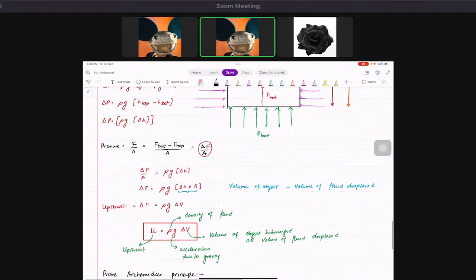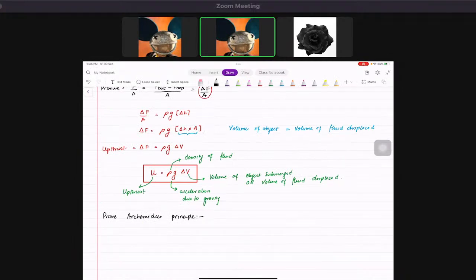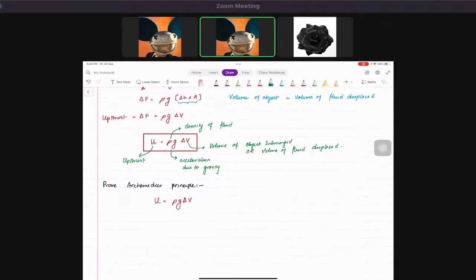And if it is the weight of the fluid that was displaced, how so? Because if you just write the equation again, delta V, my bad. You might realize that I can write it as rho times delta V together, times g. Can I do that? Now check this out. Density would be mass of the fluid divided by the volume of the fluid displaced, right?